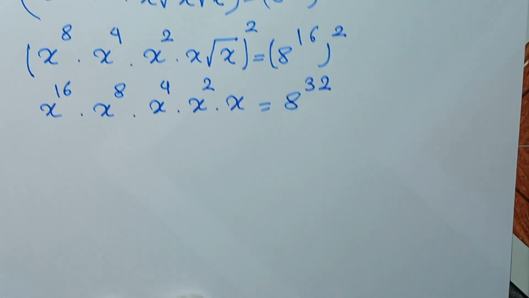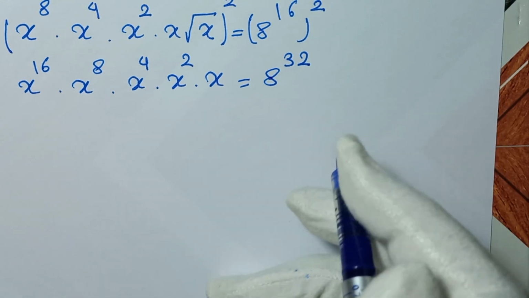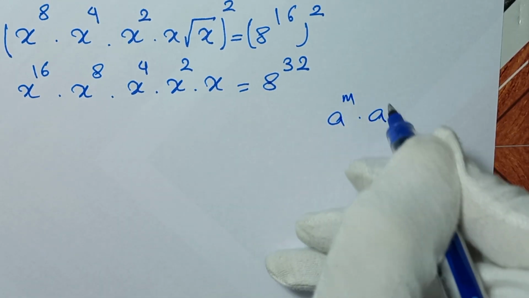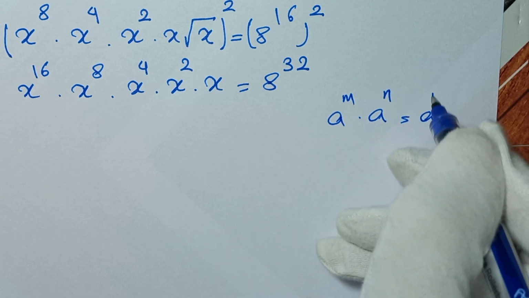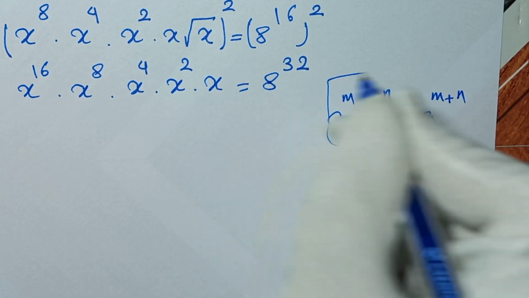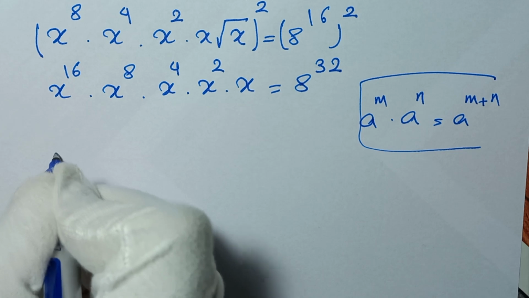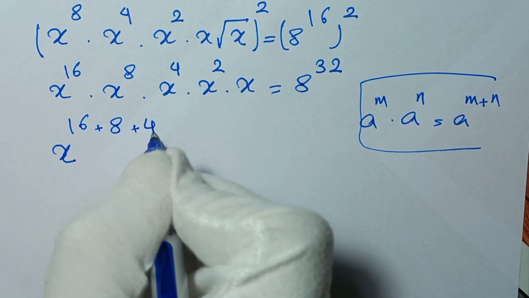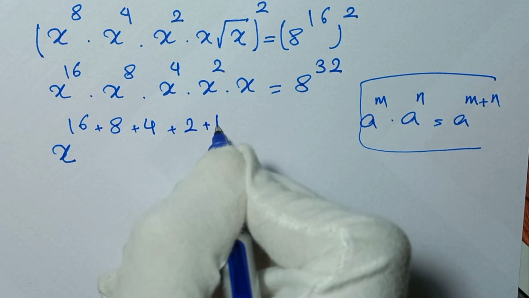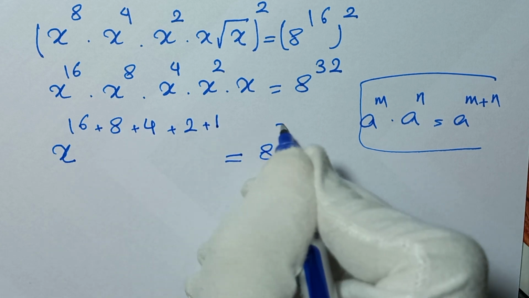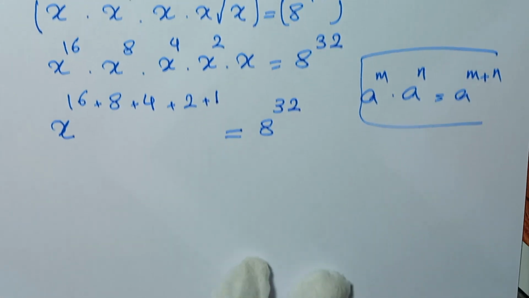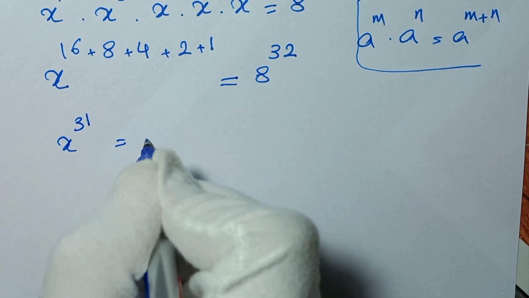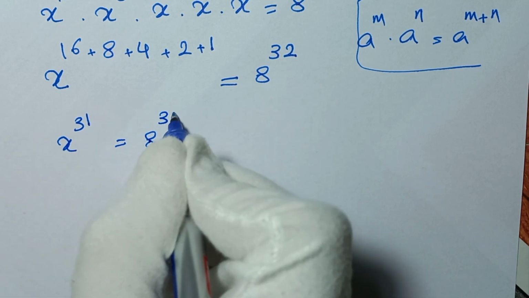And from this formula, a to power of m times a to power of n is a to power of m plus n. So in here we can write this as x to power of 16 plus 8 plus 4 plus 2 plus 1 is equal to 8 to power of 32. And it will be x to power of 31 is equal to 8 to power of 32.